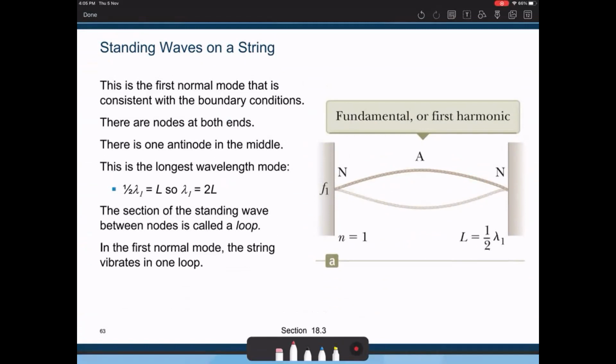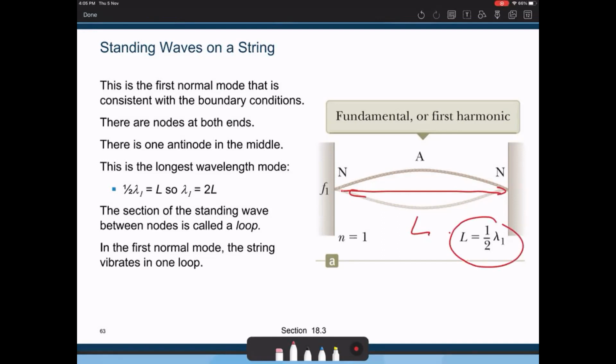Now, what is the frequency of the wave? To answer this question, let us instead ask what is the wavelength of the original wave. Remember, the wavelength is related to the distance between the nodes in the standing wave pattern. So the distance between the nodes here is, of course, the length of the string, but it should also be equal to half of the wavelength.